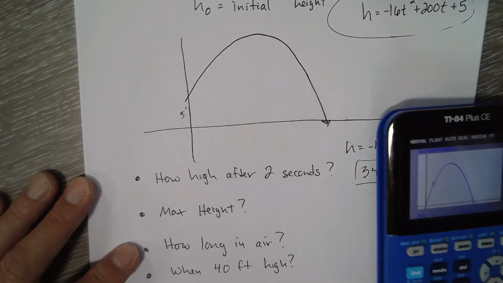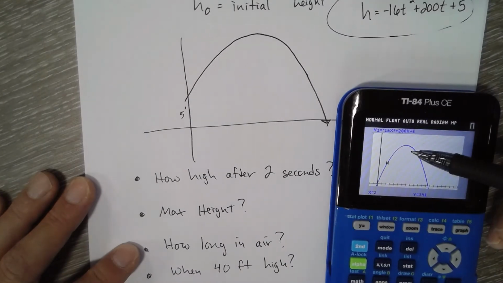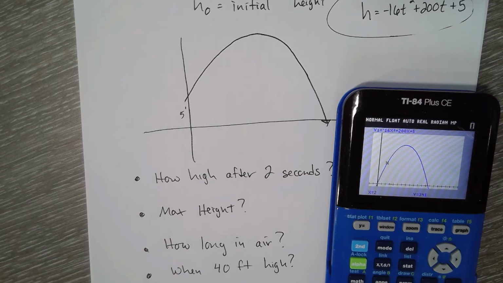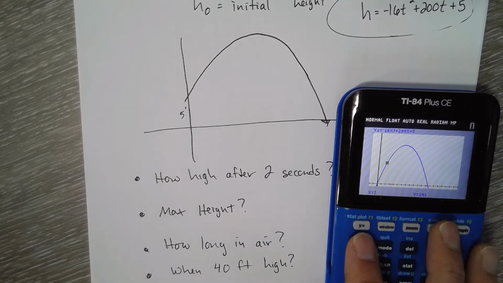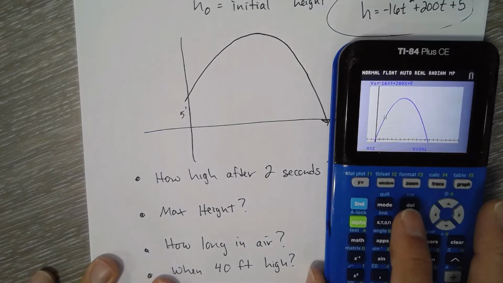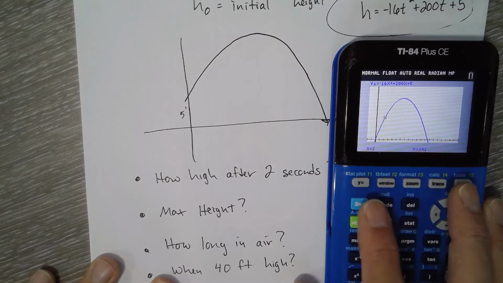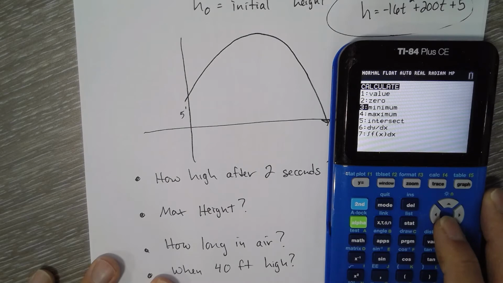Maximum height is the next question. So we want to know what the maximum height is. So go ahead and use your calculator to do that. We want to know how high he ends up going. So calculate maximum.